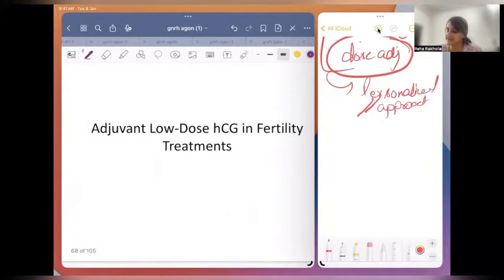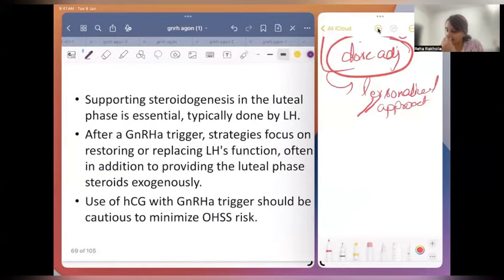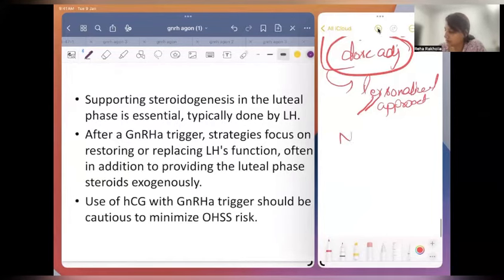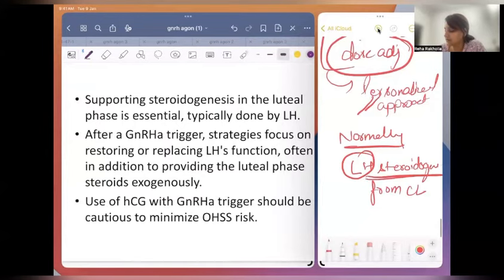Okay, then adjuvant low dose HCG in fertility treatment. Normally, LH supports steroidogenesis from the corpus luteum. This is LH's work, okay?